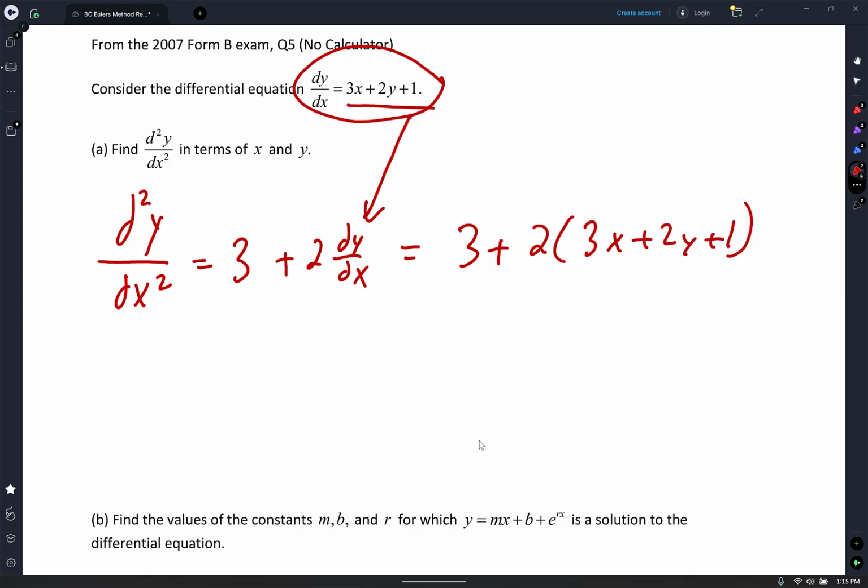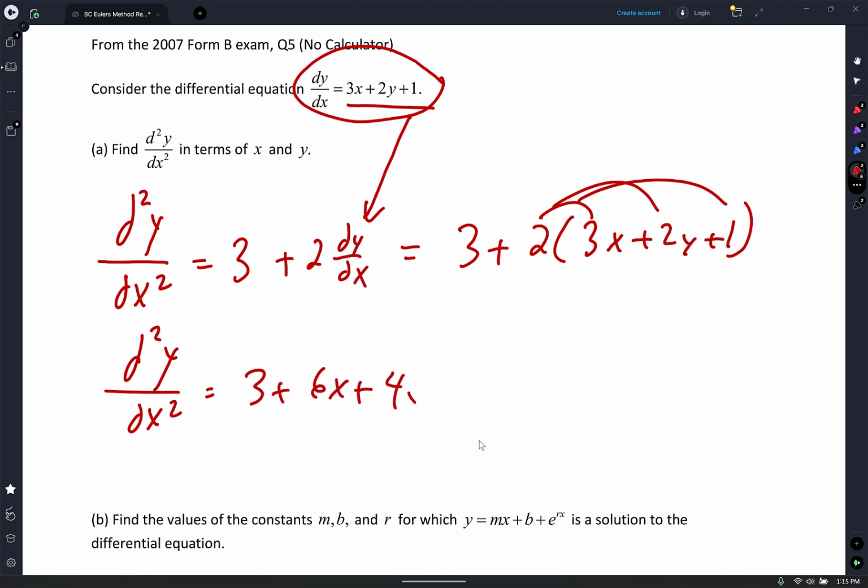And I guess you could leave it alone if you wanted to, but don't. So here it is. My second derivative with respect to x is equal to 3 plus 6x plus 4y plus 2. I would fix this: 6x plus 4y plus 5.